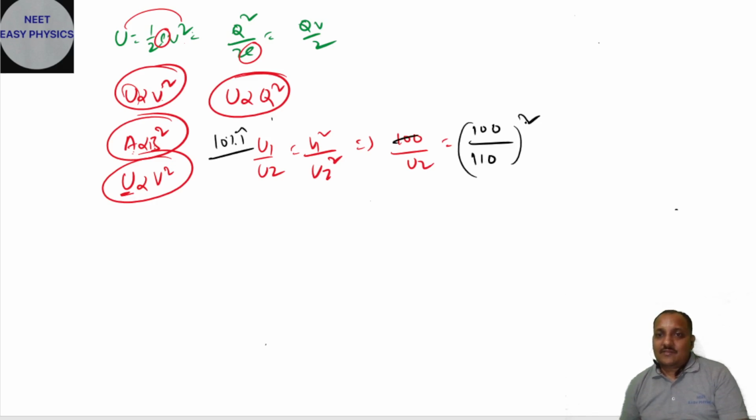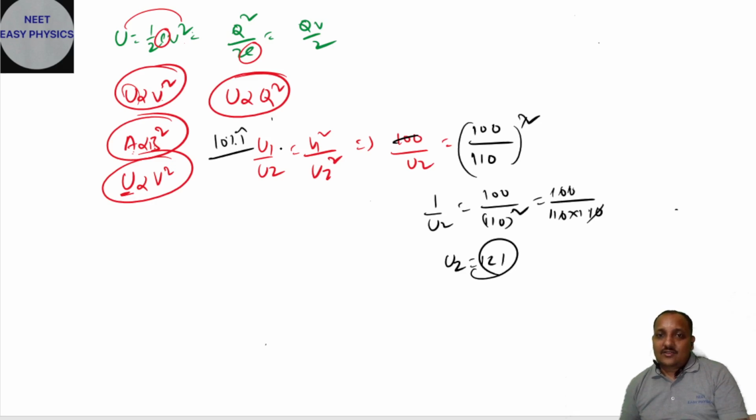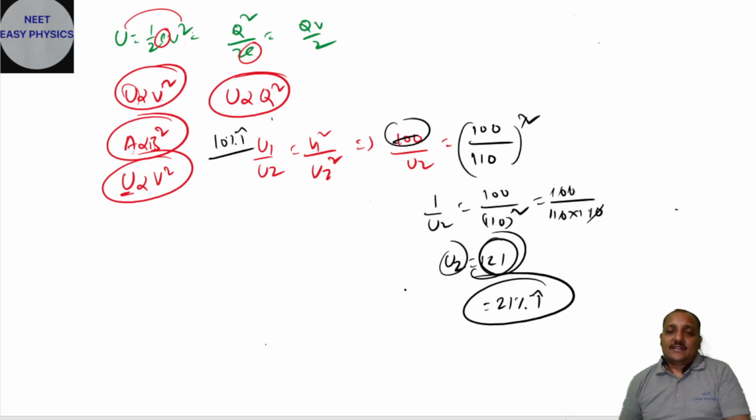So 100 by U2 is 100 square by 110 square, which is 100 by 110 into 110. So these zeros will cancel. U2 is 121. Then how much increased? U1 is 100 we have taken, and now U2 is 121. Therefore 21% increase. Correct? This one we discussed in the first video of our channel.